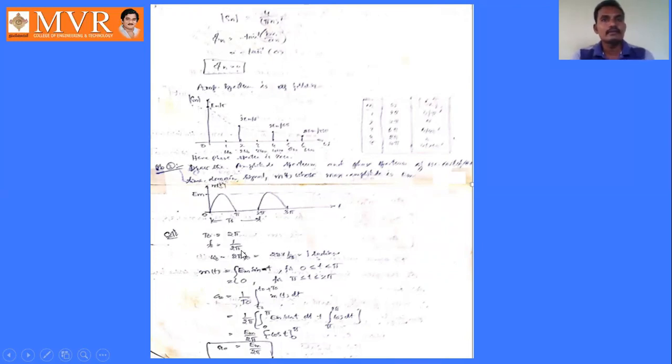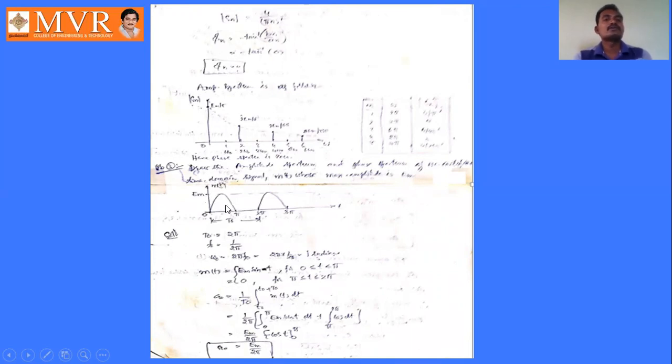What is omega naught here? Omega naught is the angular frequency. Angular frequency is 2 pi into f naught. Here f naught is 1 by 2 pi, and 2 pi into 1 by 2 pi is 1 radian. Omega naught becomes 1 radian. From this waveform we can write the expression for m of t. It is a sinusoidal signal with amplitude Em.